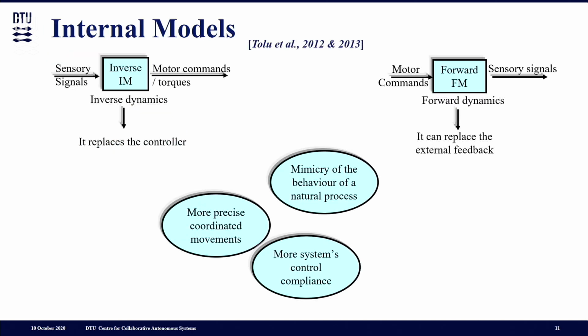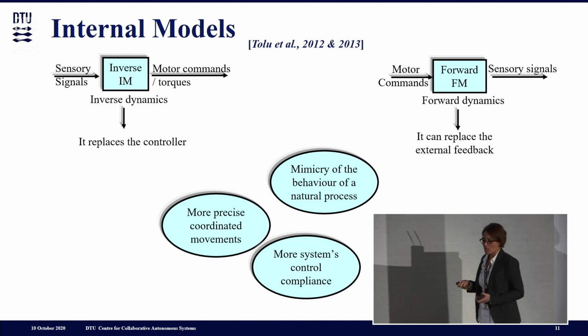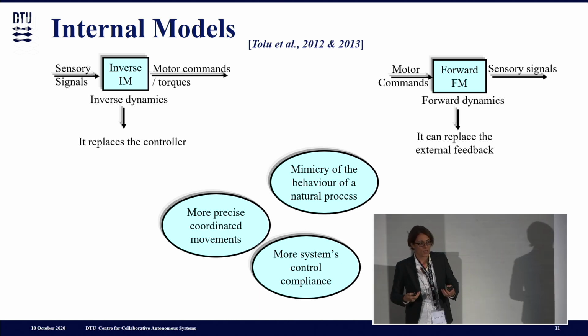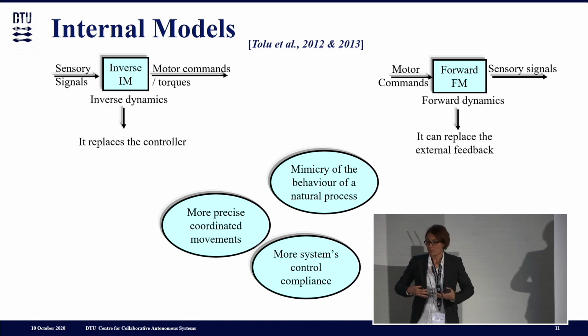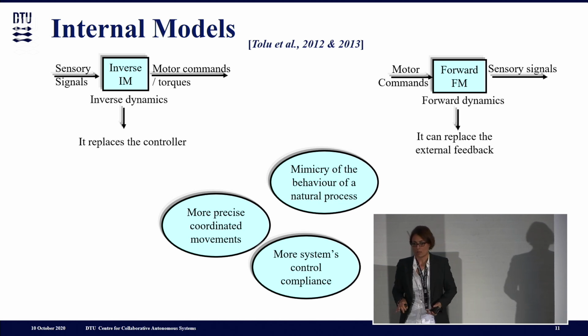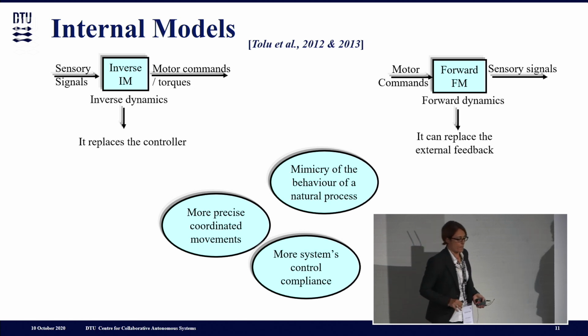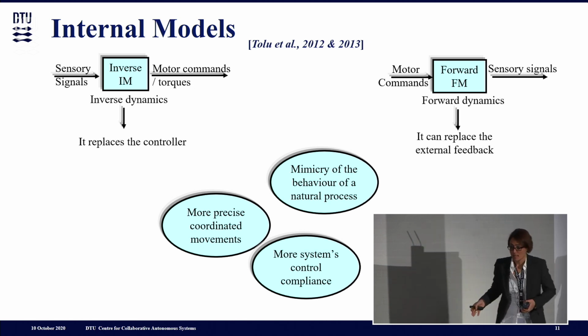I'm not spending time explaining details, but in robotics we have used such models in order to have these performances: more precise coordinated movements to mimic the behavior of a natural process, and to achieve more systems control compliance. Because, as the brain does, it predicts the desired outcome by providing very small forces. And at the same time, it's very precise.